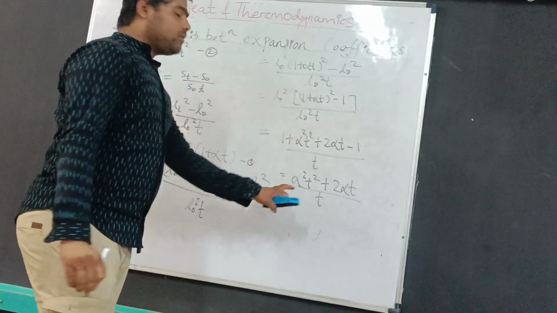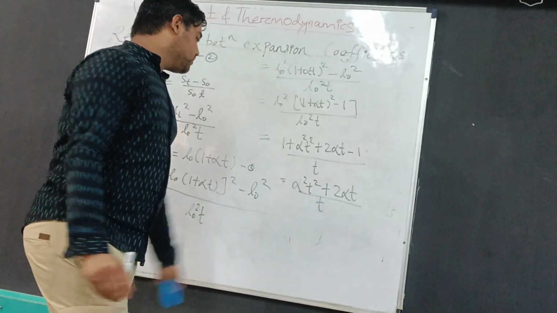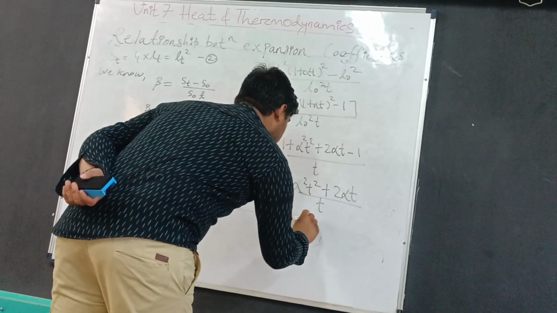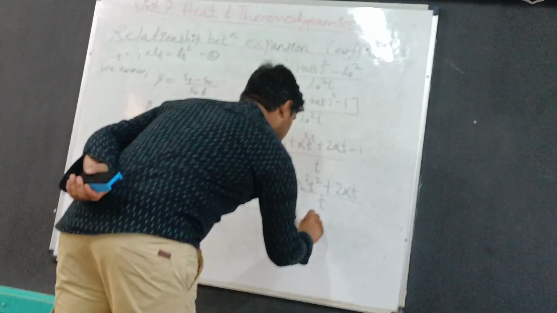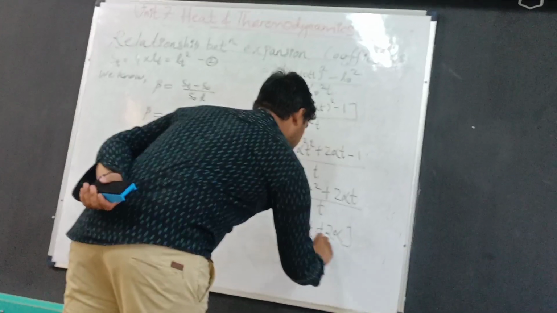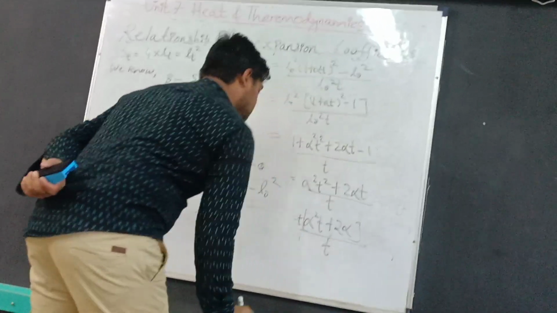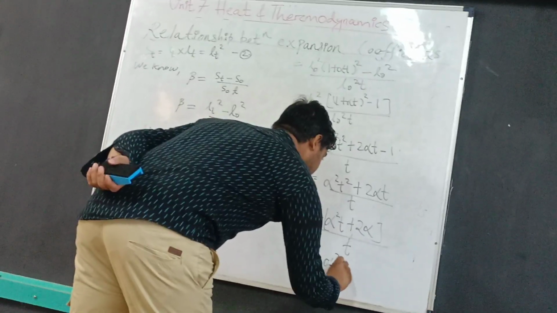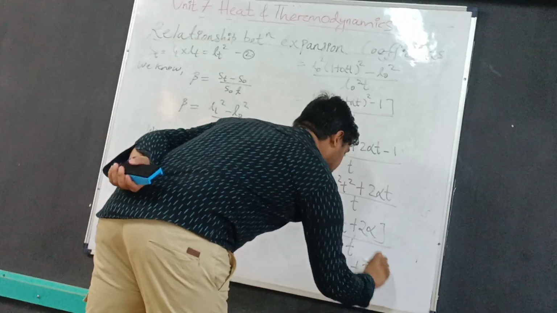Now taking t common from the numerator, we can write alpha square t plus 2 alpha.